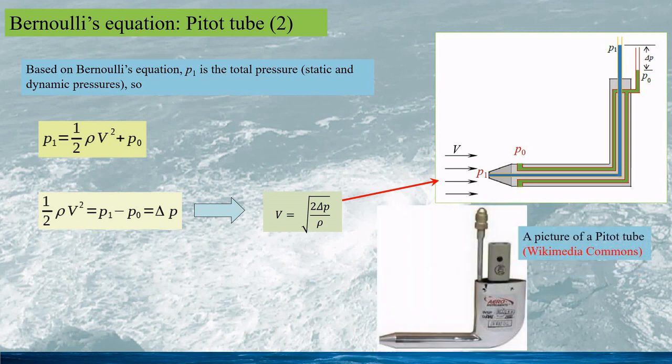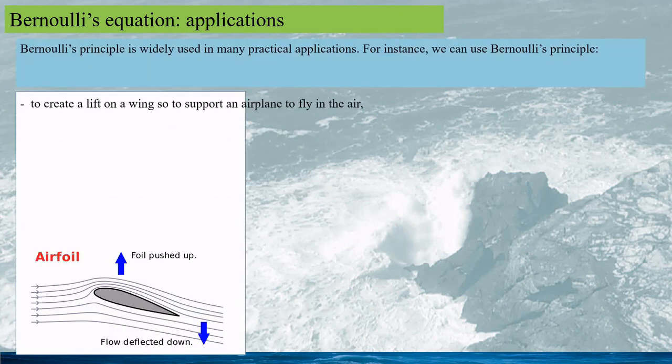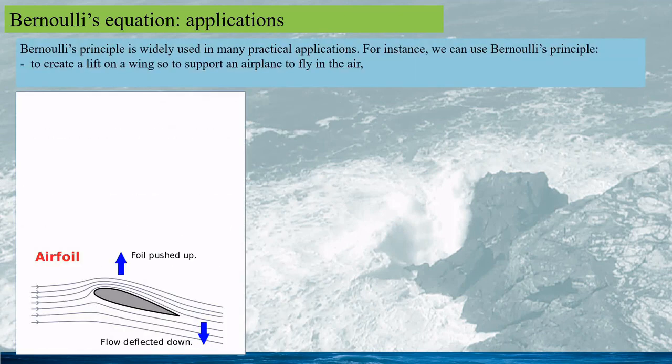Here is a picture for a real Pitot tube, which is a Pitot tube used on an airplane. Bernoulli's equation and Bernoulli's principle are widely used in practical application. The very famous one would be the flow passing through the airfoils or wing of an airplane.